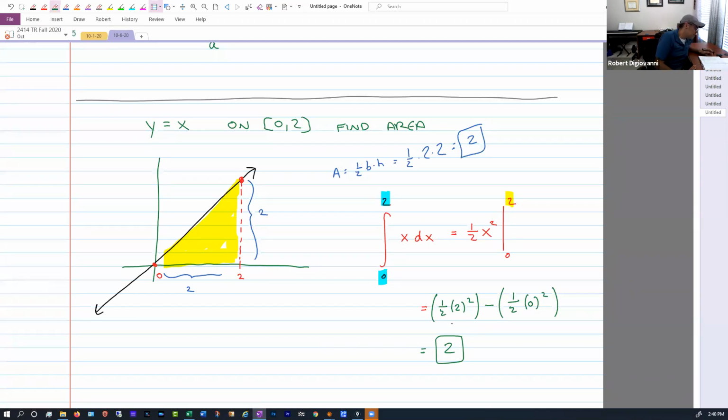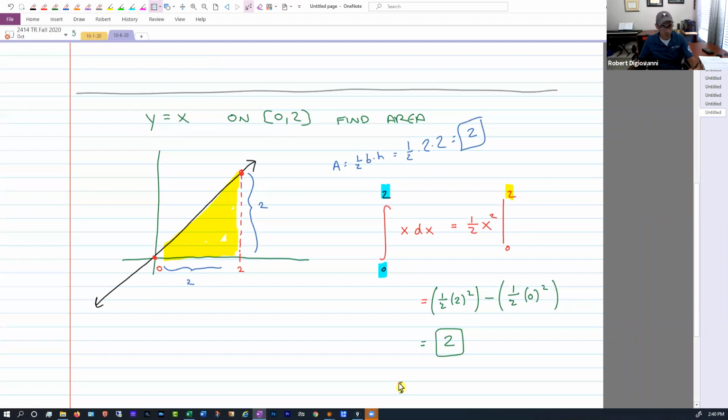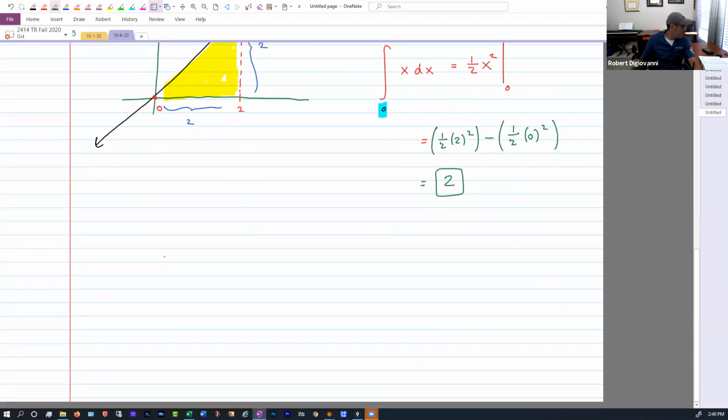So from 5.2, let me see if I want you to do anything in 5.2. How about for 5.3? This is the only thing I want you to worry about tonight. We'll come back and do more. From 5.3, this is page 289. Look at like the first 10 problems, anything through the first 10.